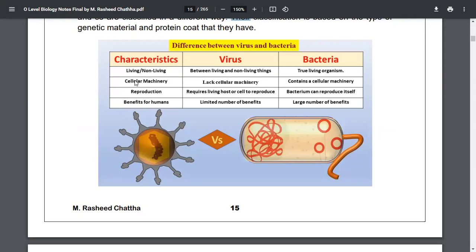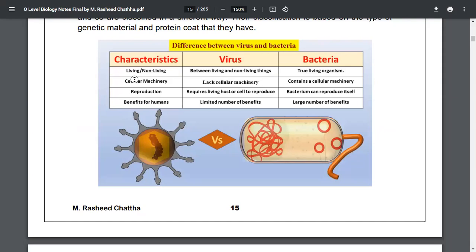Next, cellular machinery: viruses lack cellular machinery, but bacteria contain cellular machinery.